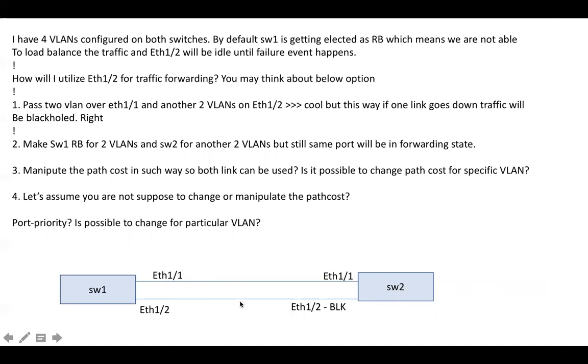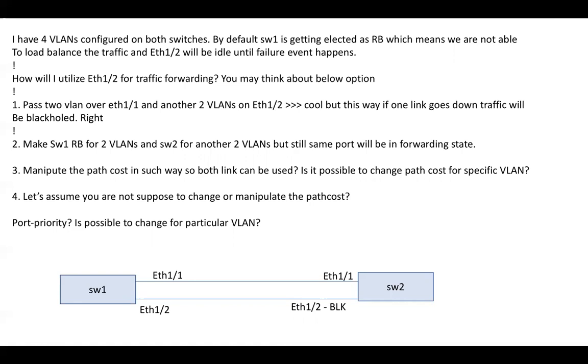So I am not able to utilize the Ethernet 1/2 link, correct? Because it is in blocking state, it will always be idle unless there is a failure event on Ethernet 1/1.